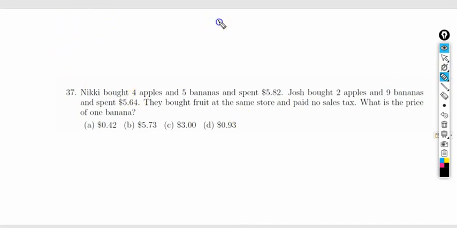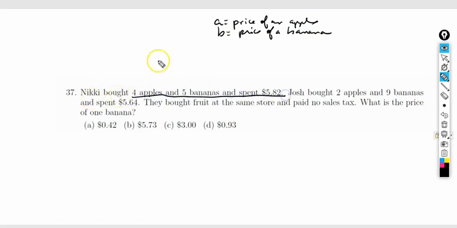So we're going to let A be the price of an apple, and we're going to let B be the price of a banana. So this sentence gives you an equation. 4 times A plus 5 times B is equal to 5.82. This sentence gives you an equation, and it's 2 times A plus 9 times B equals 5.64.